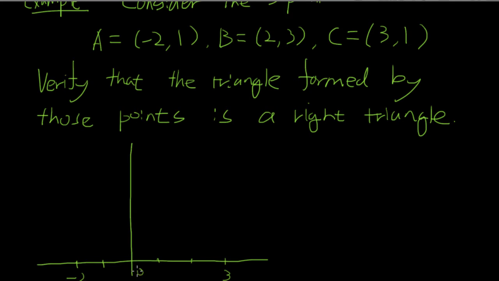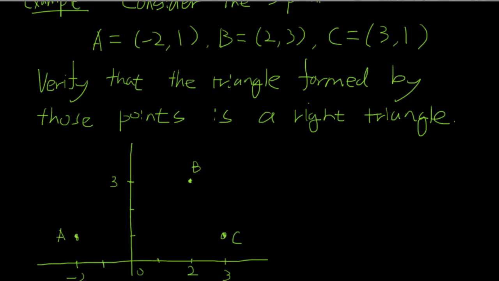That's 0, and goes up 1, 2, 3. So point A, -2 and 1. That's our point A. Point B, 2 and 3. That's our 2 there, right? 2 and 3. That's our point B. Point C, 3 and 1.